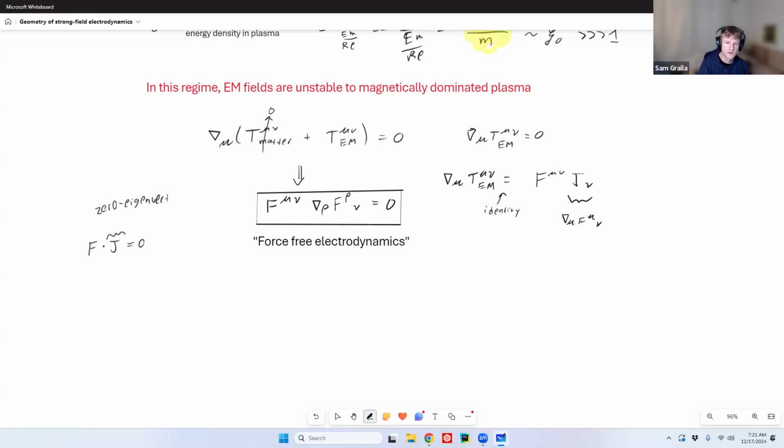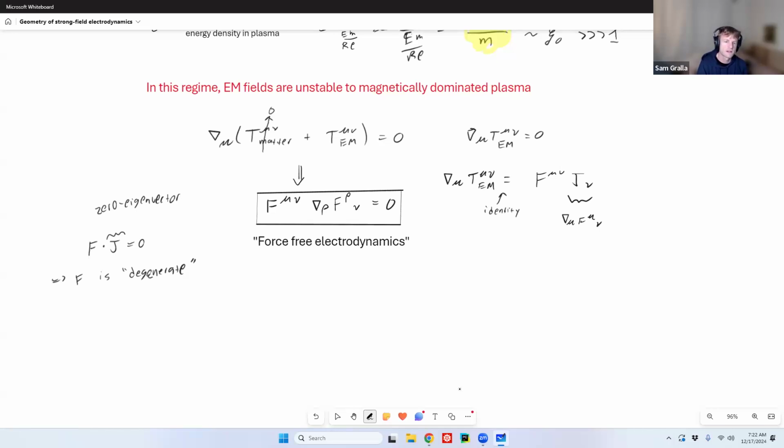It's a physics way of saying it's something you dot in, you matrix multiply with F as a matrix, and you get 0. So that already tells you that F is very special. In the parlance of relativity and plasma physics, you would say F is degenerate. Never mind. So F is degenerate.